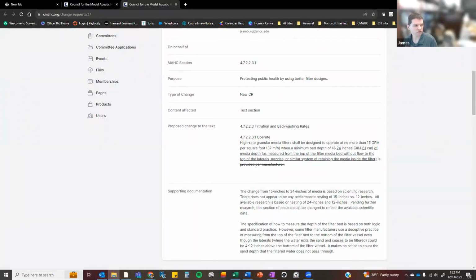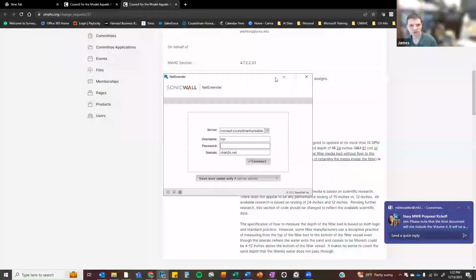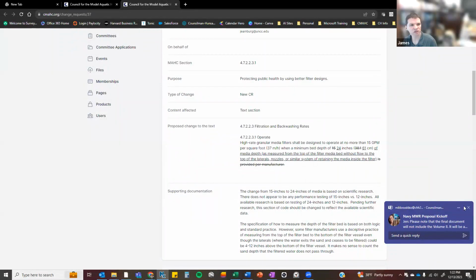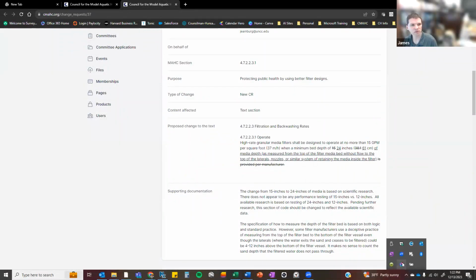Yeah, the NSF 50 doesn't have a bed depth requirement, so some of those filters only have about 9 or 10 inches. So even the 15 inches that it's at currently would not jive with NSF. You can have deeper filters, but I don't think there is a minimum by NSF.